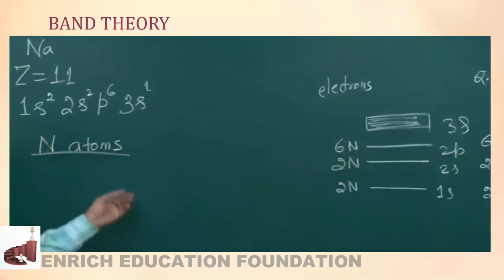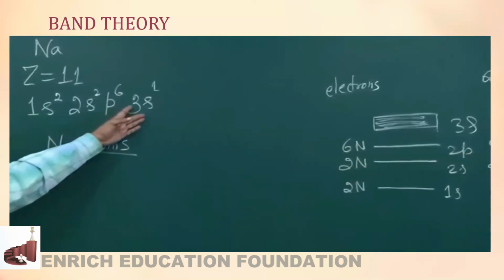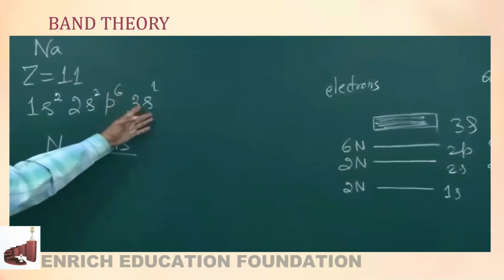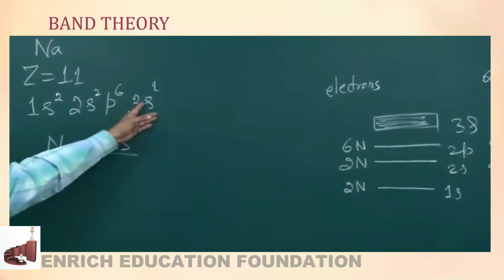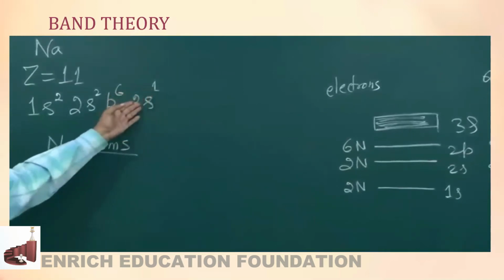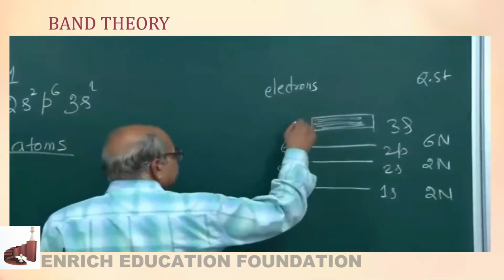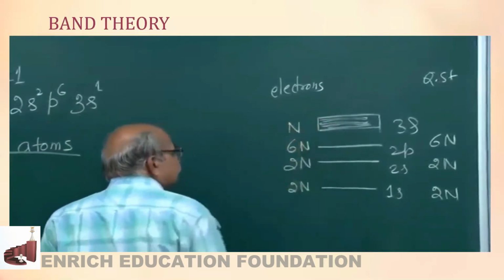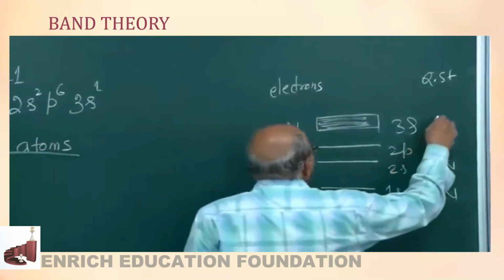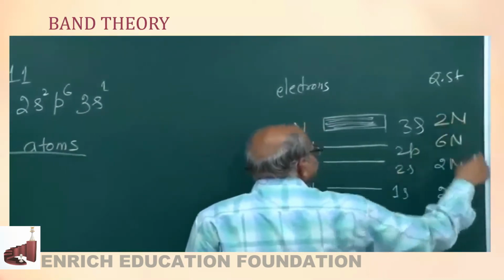And then you have this 3s. For each atom you have 2 quantum states in this 3s, but only 1 electron is there. So if you have n atoms, then n electrons are there and the number of quantum states is 2n.